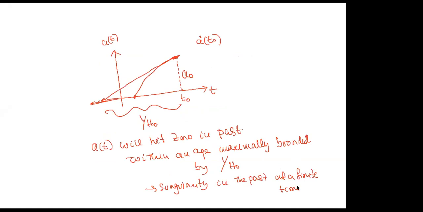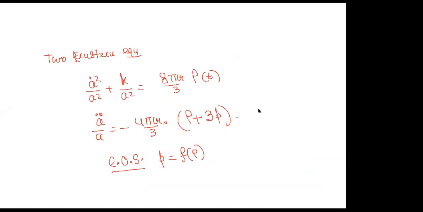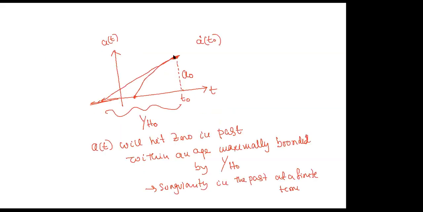But now let's say that somehow, at some point in the early time of the universe, rho plus 3P is not positive. Let's say rho plus 3P is negative. Then A double dot is positive, and if A double dot is positive, obviously it will not go like that, but will start increasing.